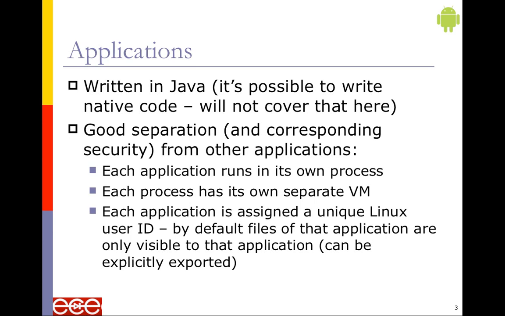So that's another component. One of the things I probably mentioned in the beginning of the course, but I don't know if I really reiterated the point, is that each process running on the system is actually running in its own VM. So it's kind of interesting how the Android environment is different from a Java perspective than a computer environment.